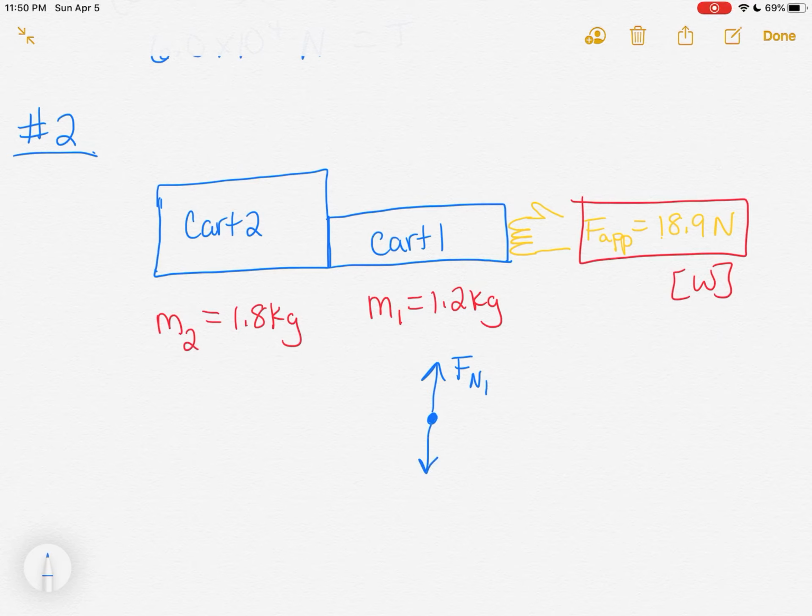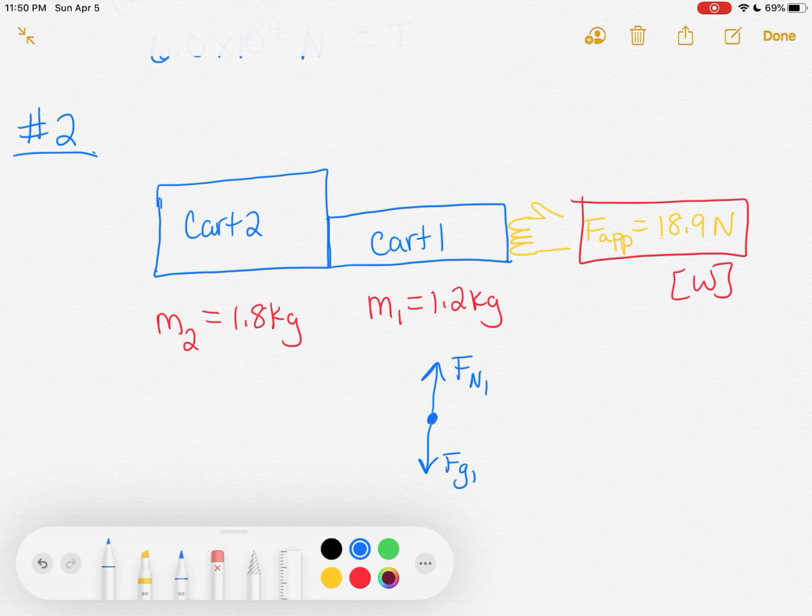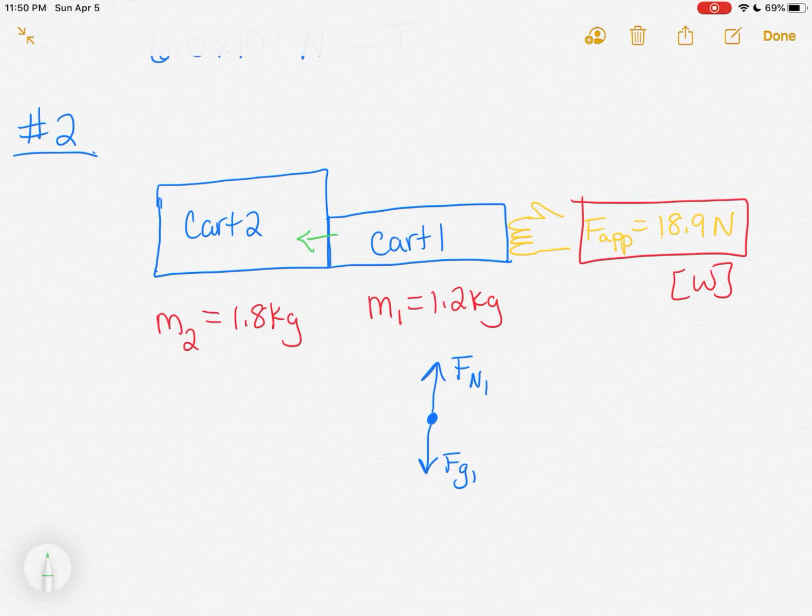It's being pushed, and it has an FG, so FG1. If we look back at our diagram, cart 1 is pushing on cart 2, and that means that cart 2 is also pushing back on cart 1, since they're in contact with each other.